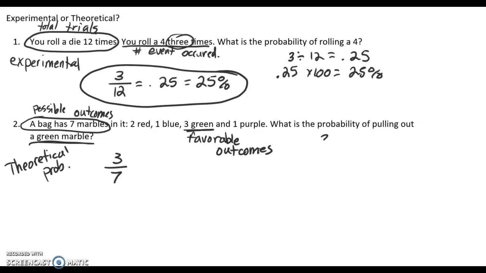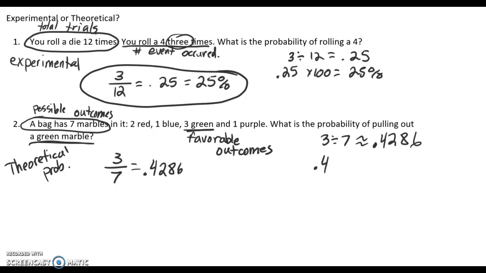I'm going to do some work over here and do 3 divided by 7. And we get approximately 0.4286. Now I'm saying approximate, that means I did round this number. And then in order to turn this into a percent, we are going to times by 100.